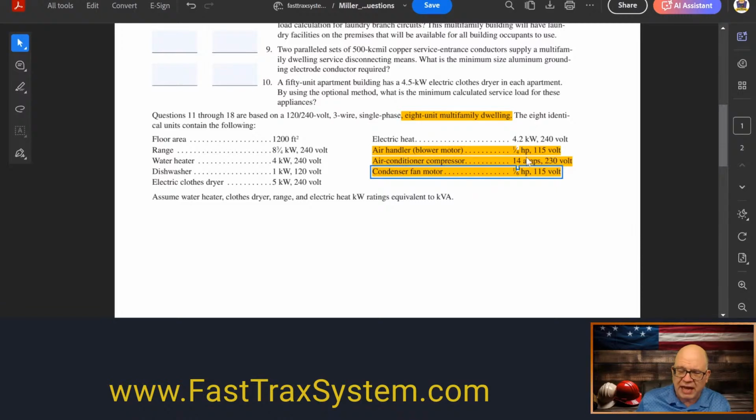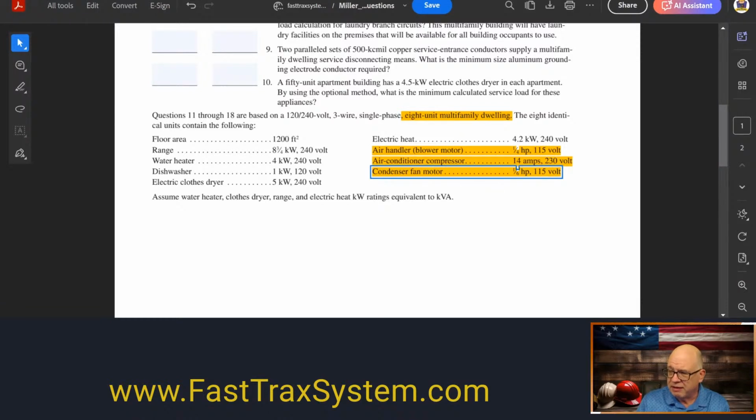We also have to remember that the air handler is going to be blowing both the heat and the AC. Nothing in this question said anything about a heat pump. We have to answer how we're given. In this case, it's probably central heat in a common air handler that's blowing it around.